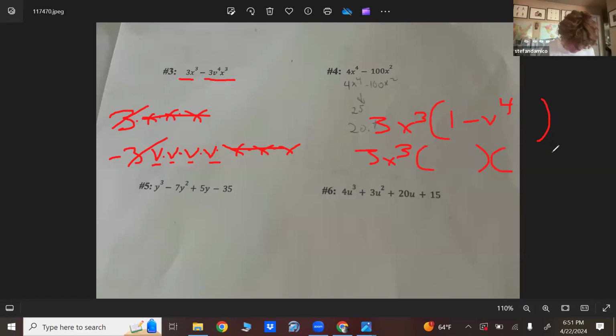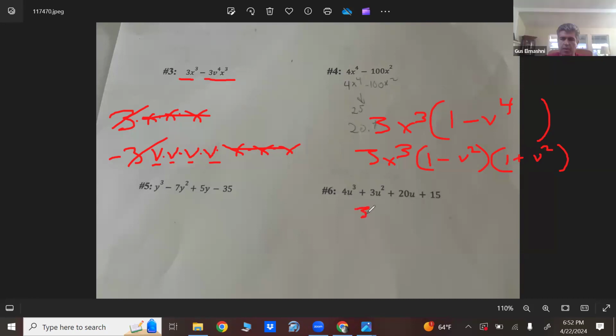V to the fourth could be broken down as V squared times V squared. And that could be broken down even further like this. It's a difference of two squares.